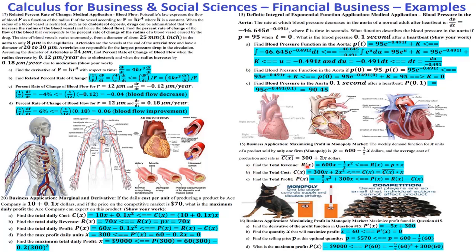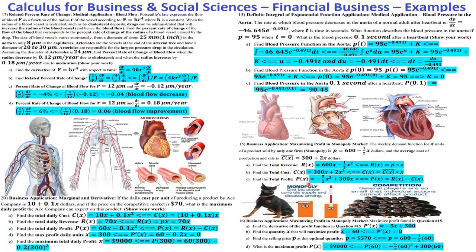So given the average cost is 300 plus 2x, and the price is 60 minus 1 over 2x, then the revenue is 60x minus half x squared, which is p times x. Then the total cost is 300x plus 2x squared, which is average cost times x.